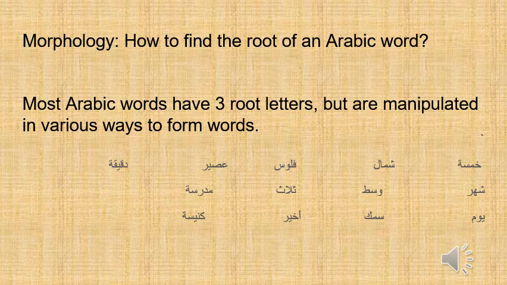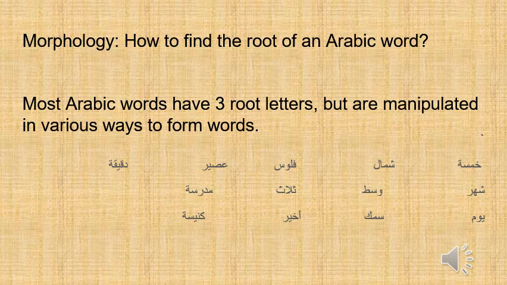Shamal. Again, that alif has been added, so the root would be shin, mim, lam. Wasat. Again, there's a waw, but it's part of the root here, so it's waw, sin, ta. Samak, fish. Sin, mim, kaf. Those are all root letters. Fulus.